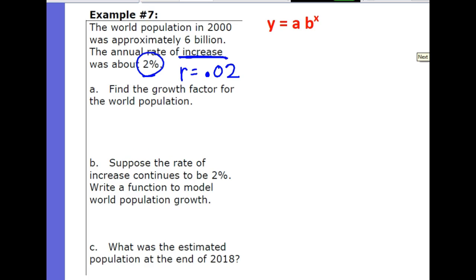So the growth factor, what's a growth factor? It says right here on the front of your paper, B is the growth factor. And to find the growth factor, it's 1 plus the rate if it's growth. So this is 1 plus 0.02.